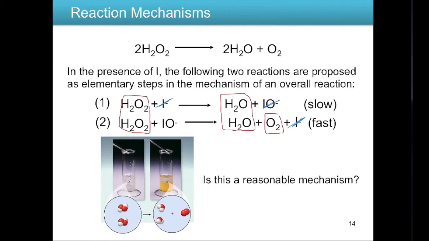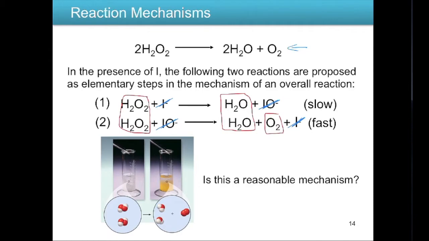And then we also have an IO on the product side of the first reaction and an IO on the reactant side of the second reaction. So both of those cancel out and we end up with the same reaction when we add up our elementary steps as we have at the top of the slide. So it seems like it's a reasonable mechanism, at least with respect to that.